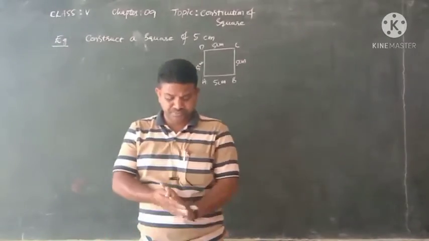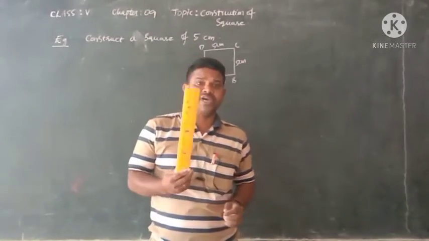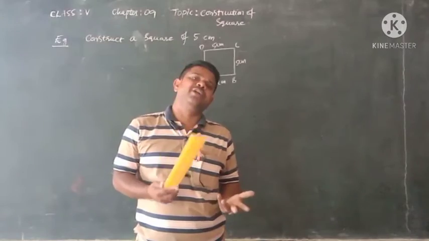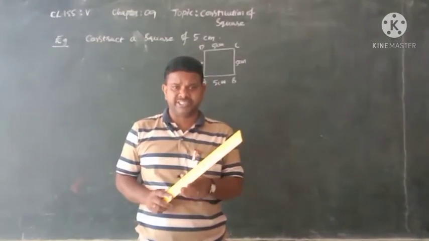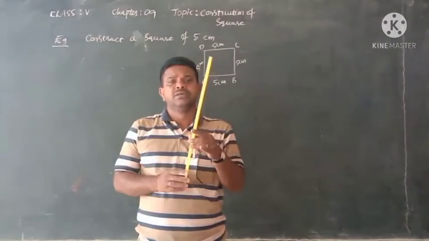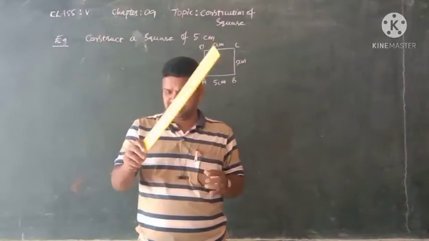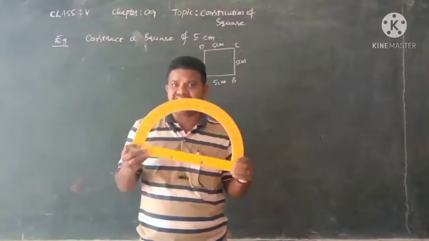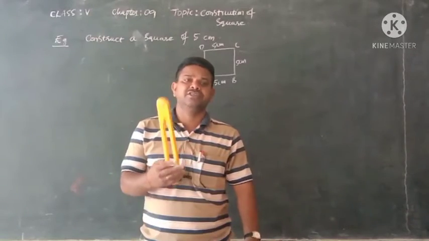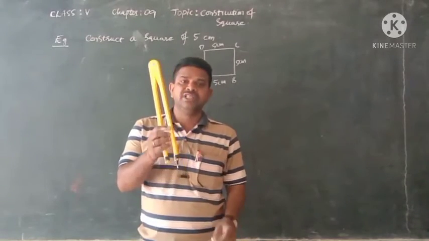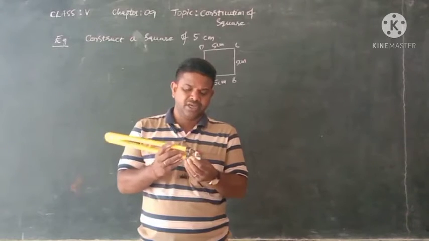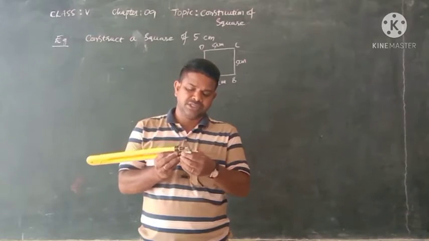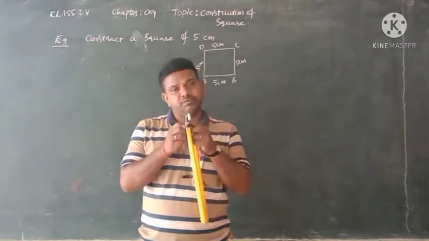To construct a square, a rectangle or parallelogram, whatever the quadrilateral, we need a scale, this is a ruler, and protractor, then compass. All these 3 tools are very essential for us to construct a quadrilateral.